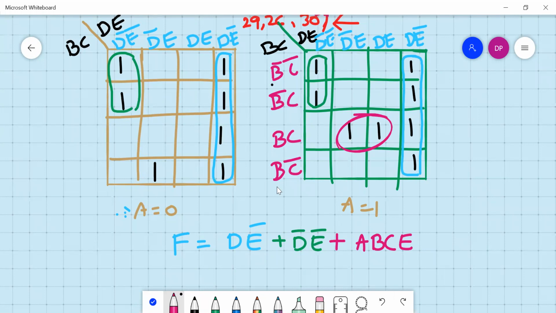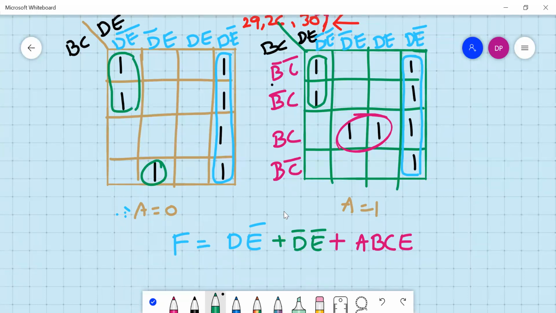Then this one is single, and for this single one, what can we write?